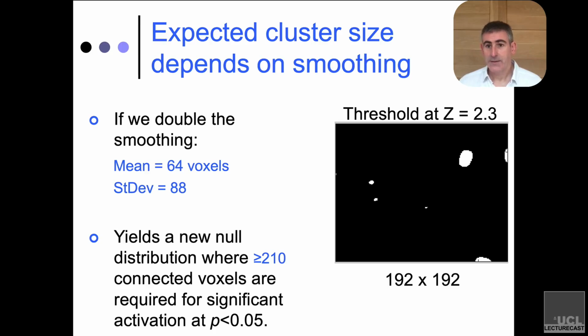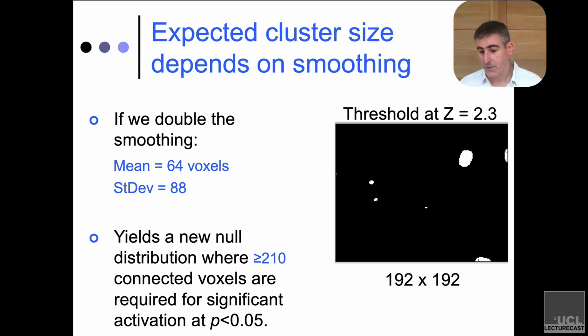As always, smoothing makes a difference. So smoothing, the more you smooth your data, the larger the clusters that you would expect to see by chance. So for instance, if you take exactly that same data set that I did before and double the smoothing, now the mean cluster size is 64 voxels and the standard deviation is even larger than that.